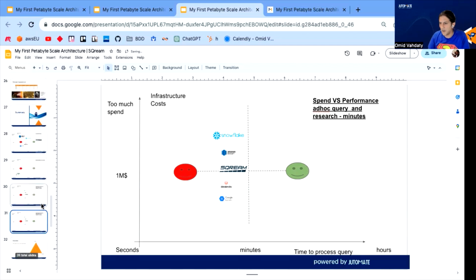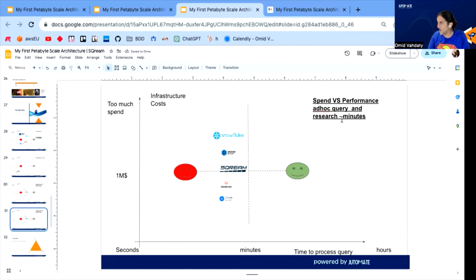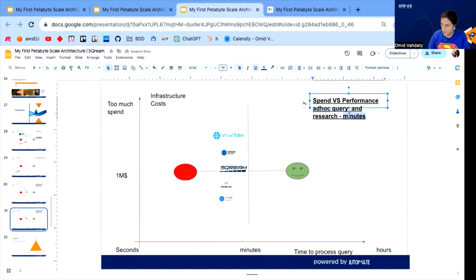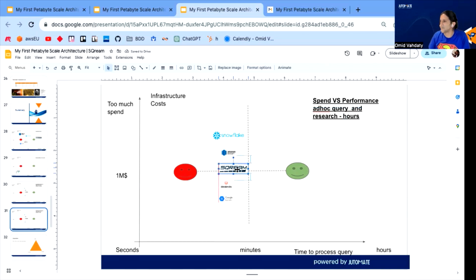If you're talking about scenarios where you have power queries over hours, this would be the case.